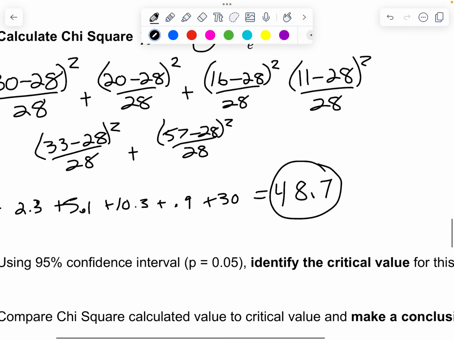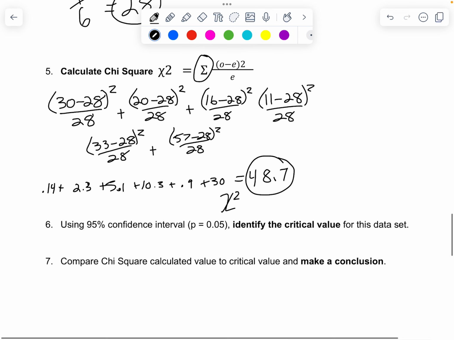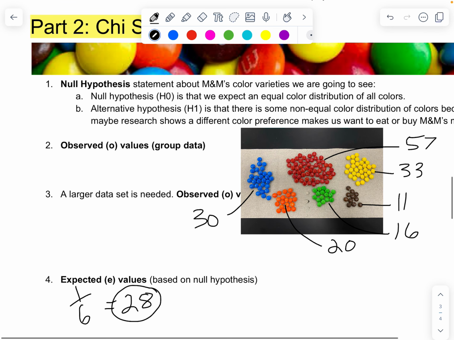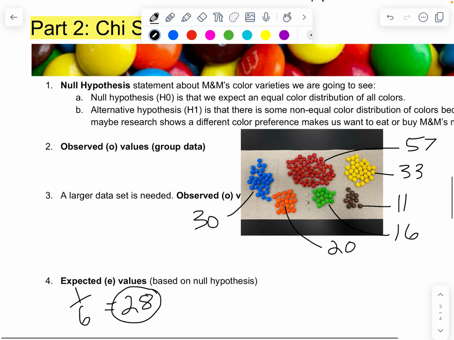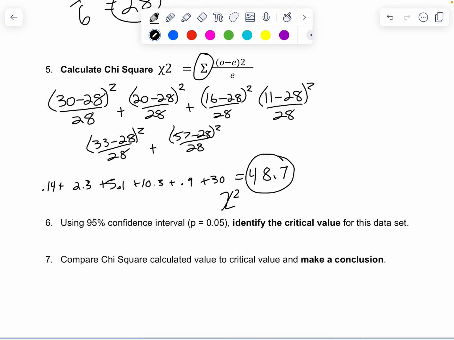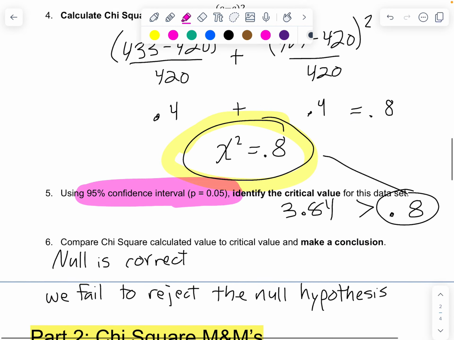So chi-square is 48.7. Again, the larger the chi-square value, the less likely our observations are what we expect them to be. So using the 95% confidence interval of p 0.05, identify the critical value.